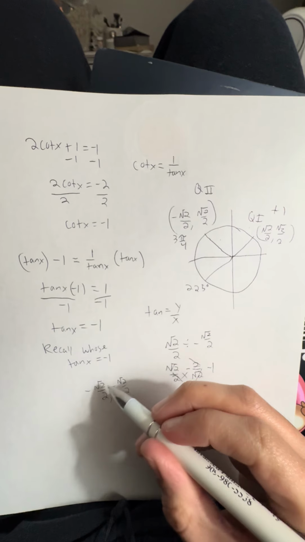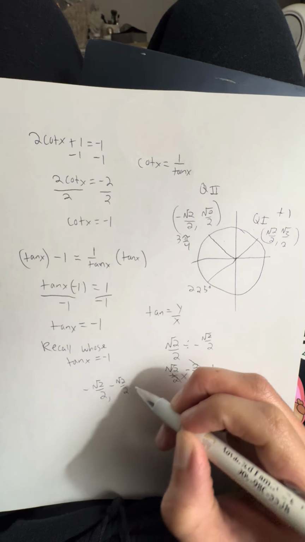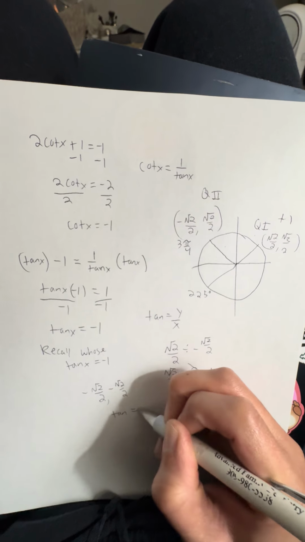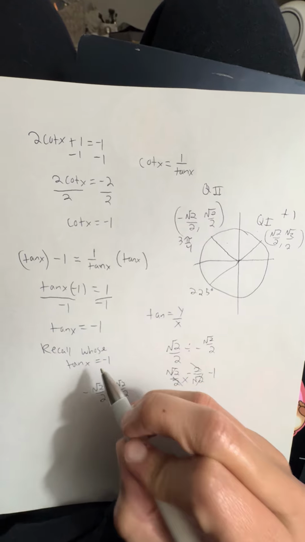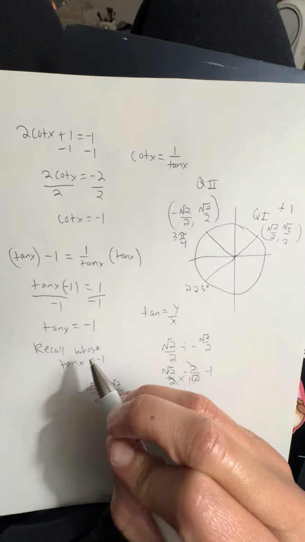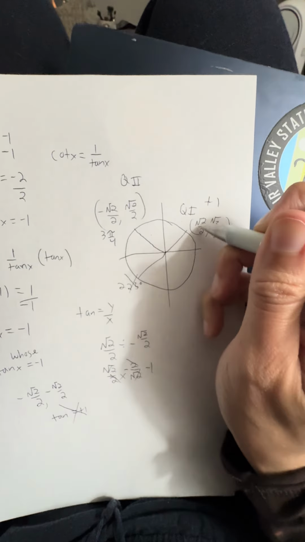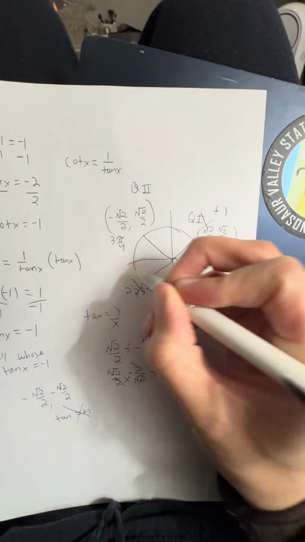When you perform that tangent, remember, a negative times a negative is a positive. That's going to be +1. So tangent of that is +1. That is not going to satisfy our first question. Okay, so that's not it, and neither is Q1.